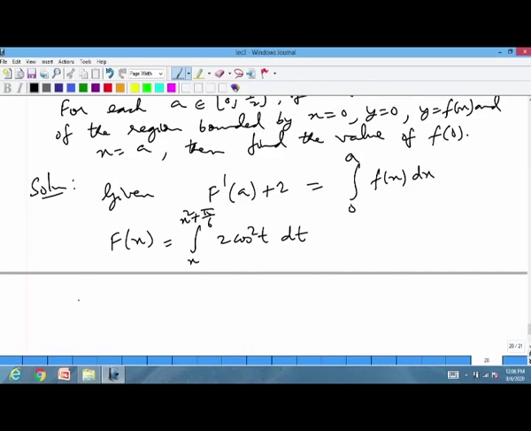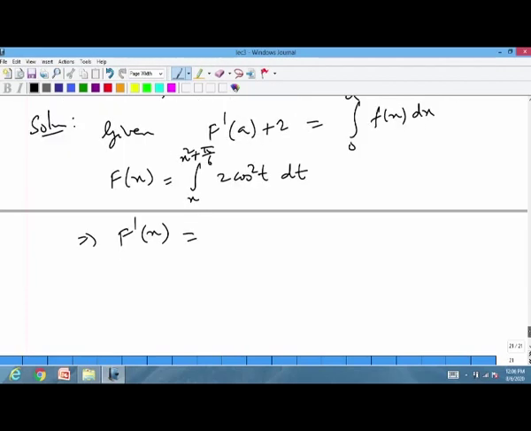So, this implies f prime x, we know that to find the derivative of this integral with two functions of x, this will be given by 2 times cos square of the upper limit x square plus pi by 6 times the derivative of x square plus pi by 6 which is 2 x, minus 2 times cos square of the lower limit x times the derivative of the lower limit, which is 1.